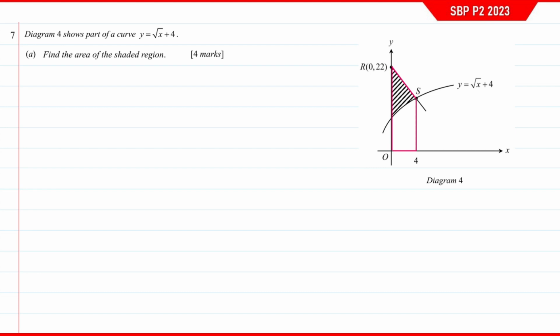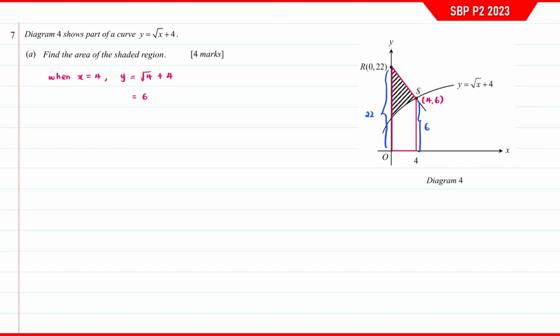So first we're going to find the area of the trapezium. To know the y-coordinate of the point S, we just need to substitute x equal to 4 into the equation of the curve. So y is equal to square root of 4 plus 4, which is equal to 6. Then here will be 22 units and here will be 6 units.